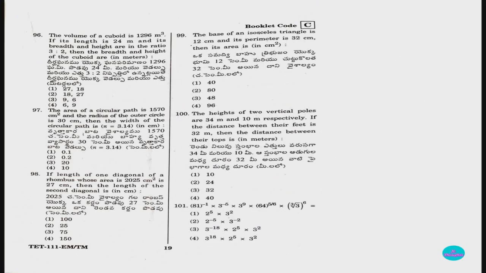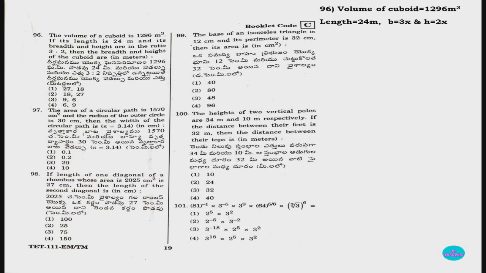Now next, 96. The volume of a cuboid is 1296 meter cube. If its length is 24 meters and its breadth and height are in the ratio 3:2, then the breadth and height of the cuboid are. Now for us, the given volume of the cuboid is 1296 meter cube and the length is given as 24 meters, and breadth and height are in the ratio 3:2.